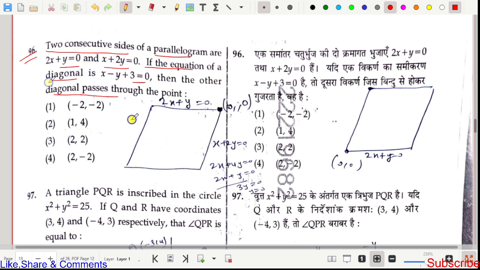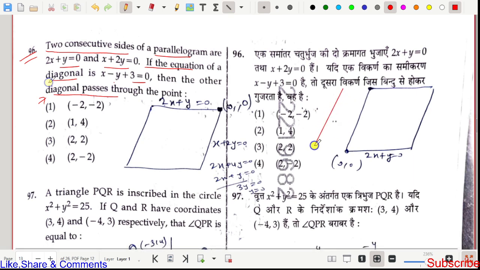Consecutive means just beside sides, not opposite. The equation of one diagonal is given. We have to find which point the other diagonal passes through. First of all, we need to find the equation of the other diagonal. Okay, so let's get started.